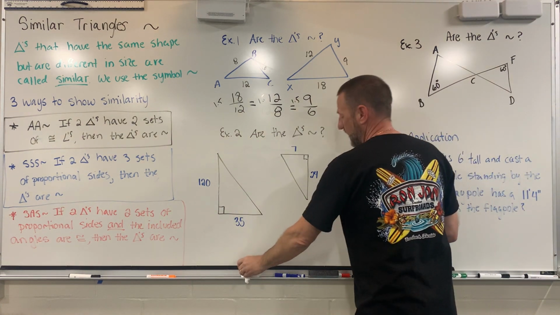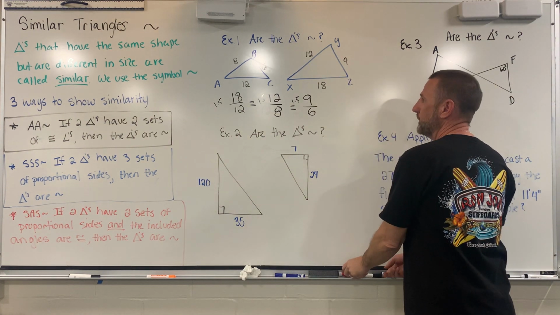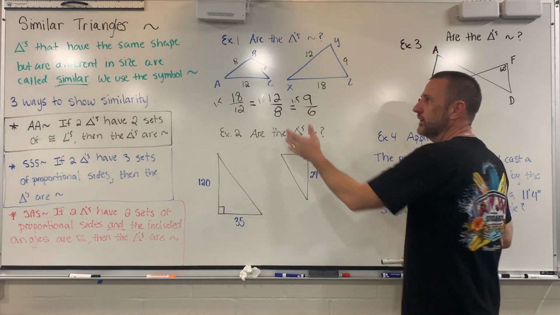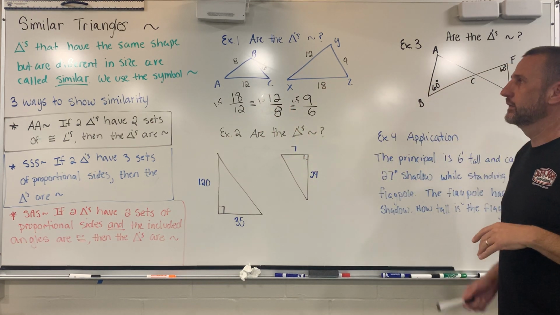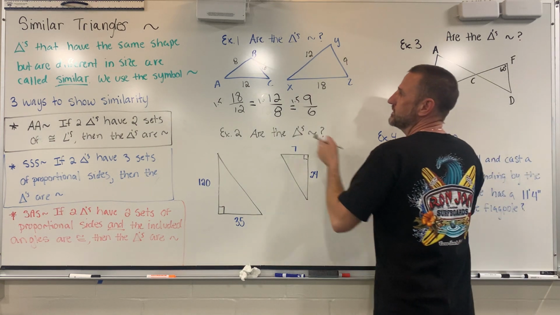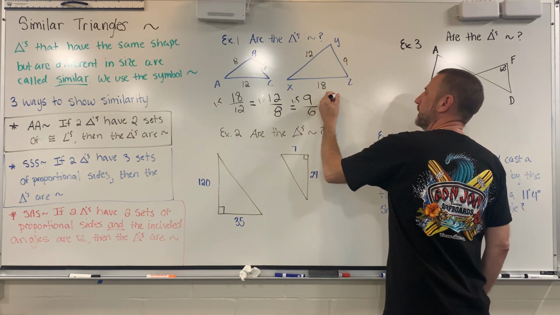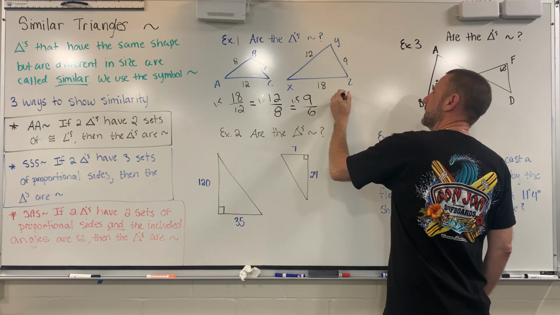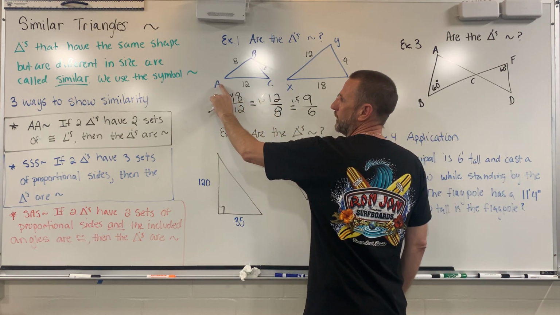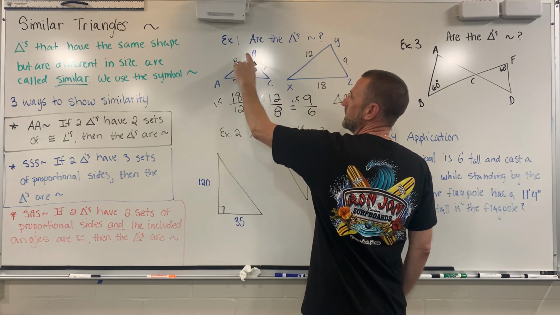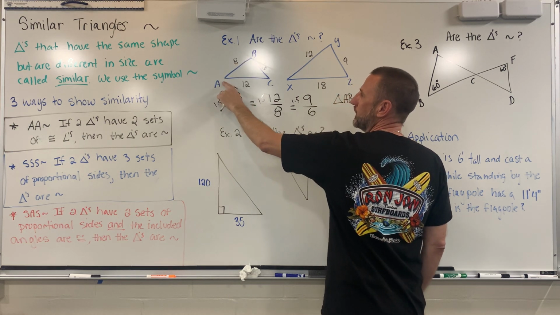So I'm going to write a statement. In a statement, I just want to simply give the one on the left a name, and match it to the one on the right. So if I start over here and I say triangle ABC, I have to follow the pattern. I went from A to B, which was the medium side of the triangle.